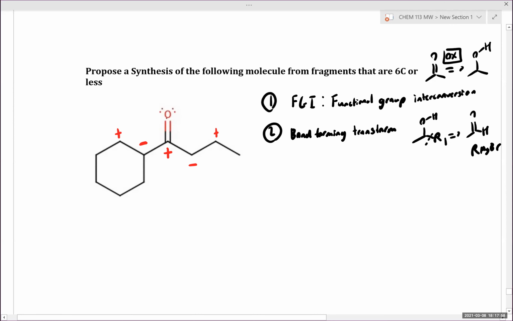And when we think about bond forming or bond breaking transforms, if we wanted to prepare this asymmetrically substituted ketone, it would be reasonable for us then to think about how we can break bonds around this ketone.